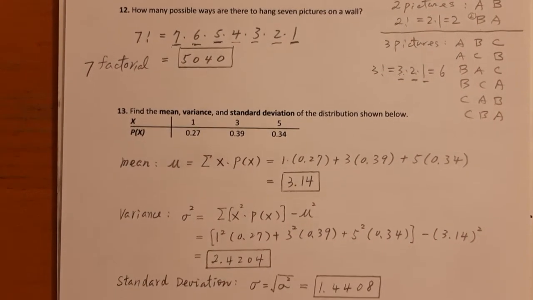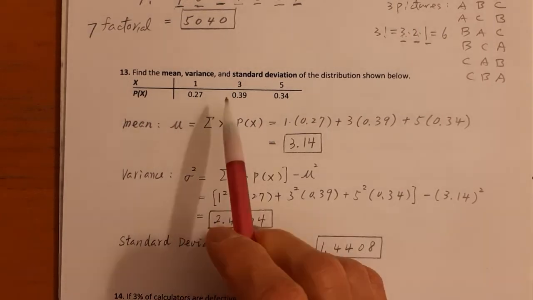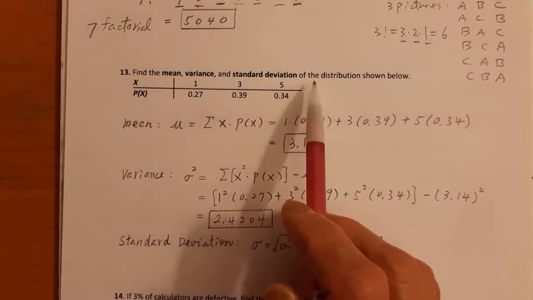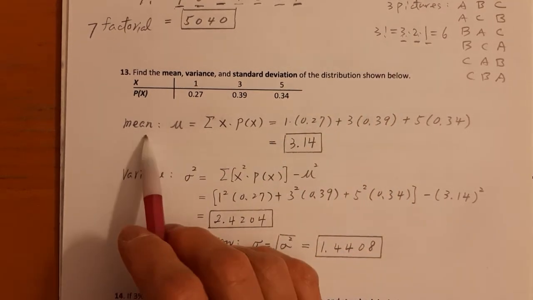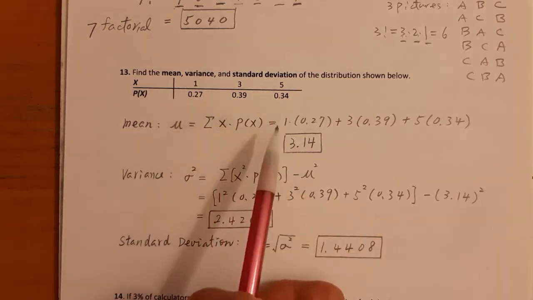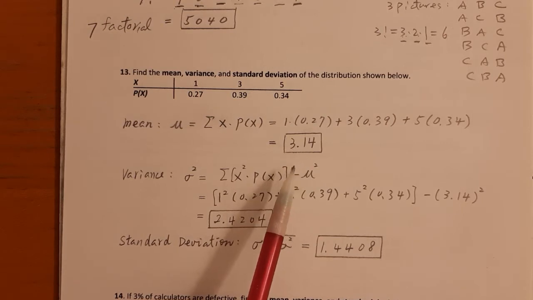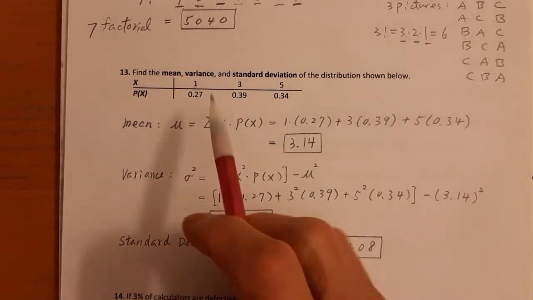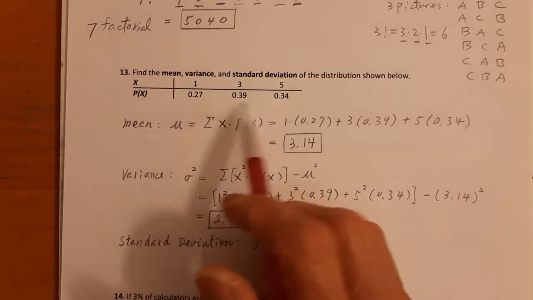And question 13. Find the mean, variance, and the standard deviation of the distribution shown below. This is what we call a discrete probability distribution.